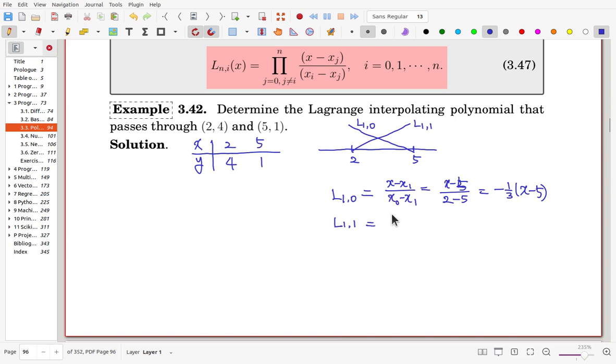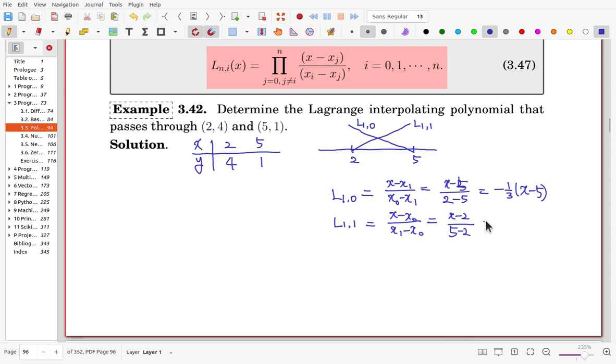Now x minus x0 over x1 minus x0, and we have to jump x minus x1, nothing else. So that's it. Here x0 is 2, so x minus 2, and x1 is 5.